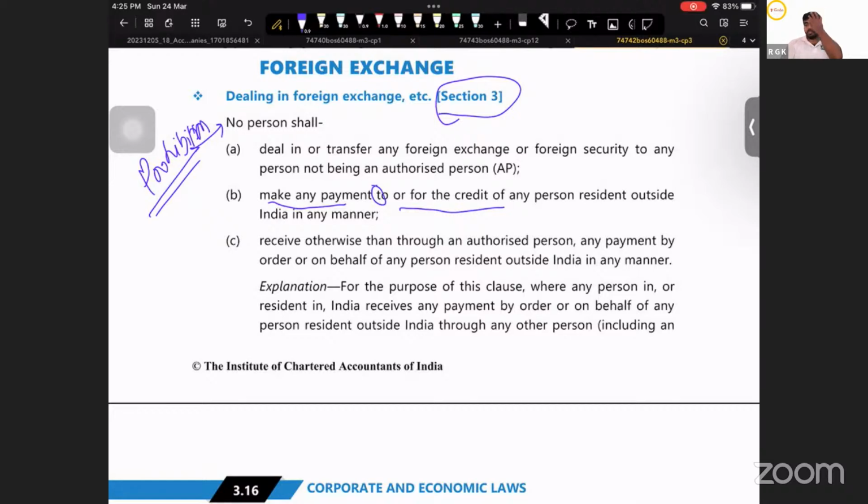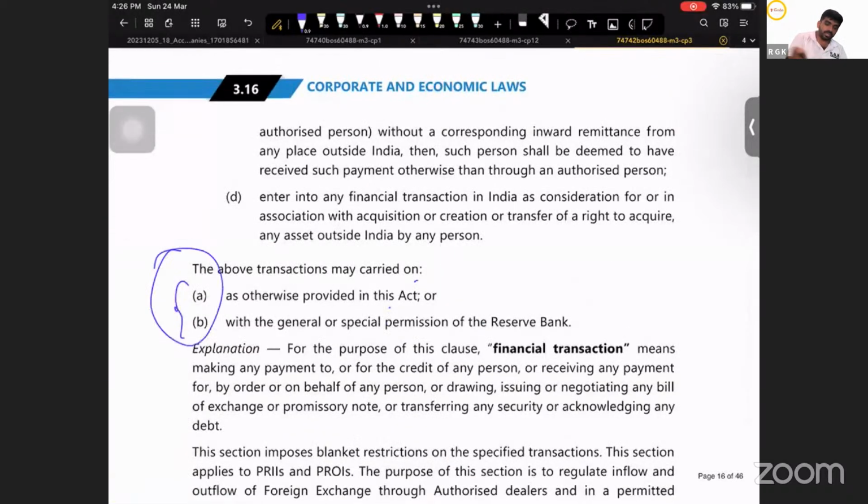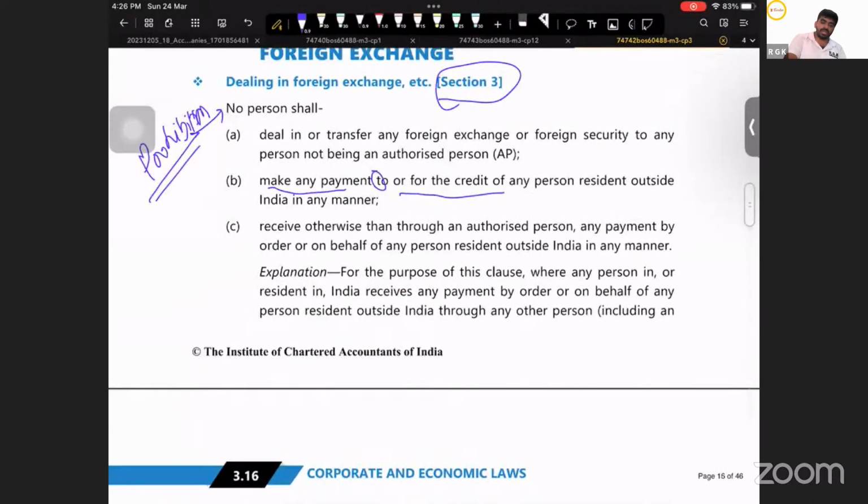Suppose your brother has an insurance policy in India, you cannot make the payment of his policy premium in India. ಫೆಮಾದಲ್ಲಿ ಪರ್ಮಿಷನ್ ಇದ್ರೆ ಮಾಡಬಹುದು. But going by plain reading of Section 3 without considering this point, it simply says you cannot pay to or to the credit of any person resident outside India. ಇಂಡಿಯಾದ ಹೊರಗಿರುವ ಯಾವುದೇ ಪರ್ಸನ್ಗೆ ಅಥವಾ ಅವರ ಪರವಾಗಿ ನೀವು ಪೇಮೆಂಟ್ ಮಾಡ್ಲಿಕ್ಕಿಲ್ಲ.